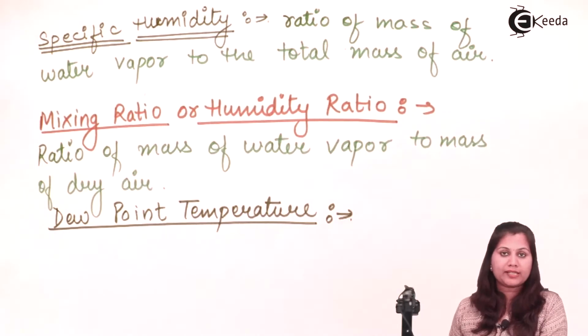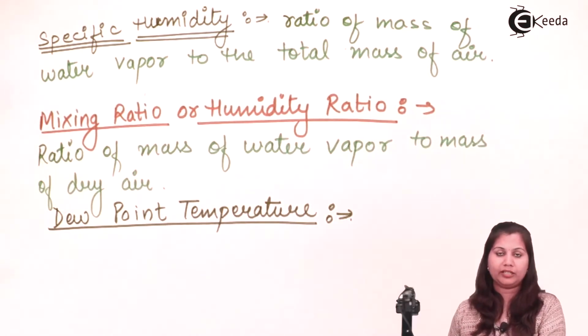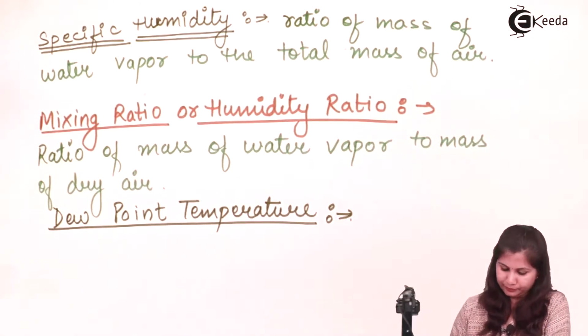Dew point temperature is the temperature at which the water vapor content present in the air is maximum, or we can say that the air is completely saturated with the water vapor.